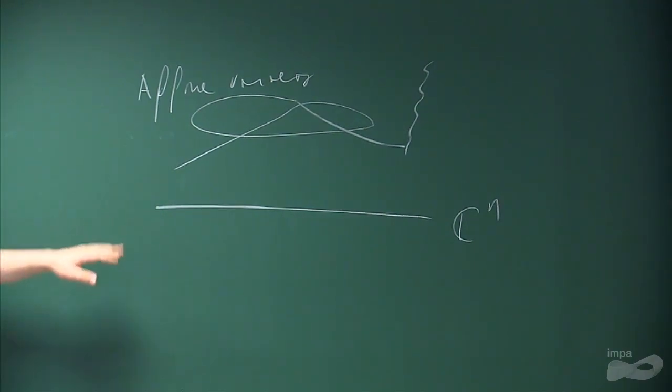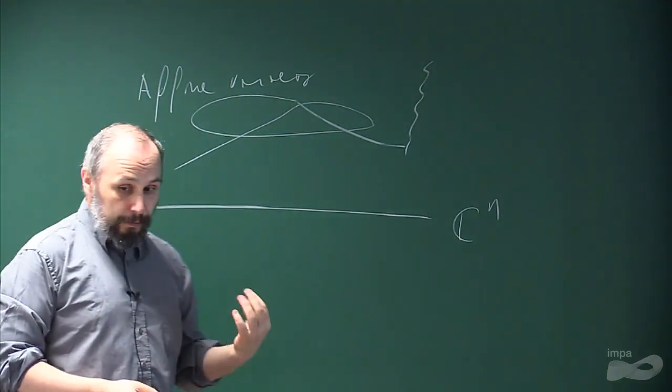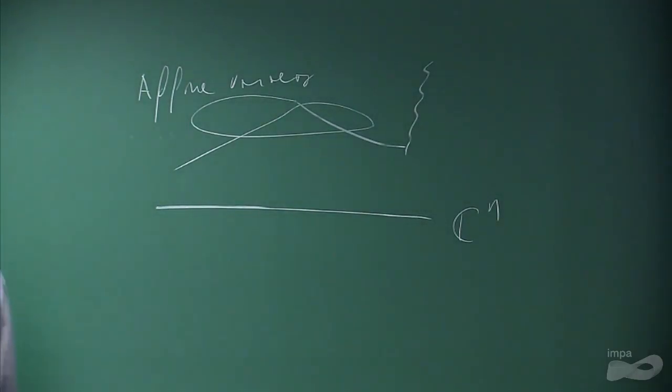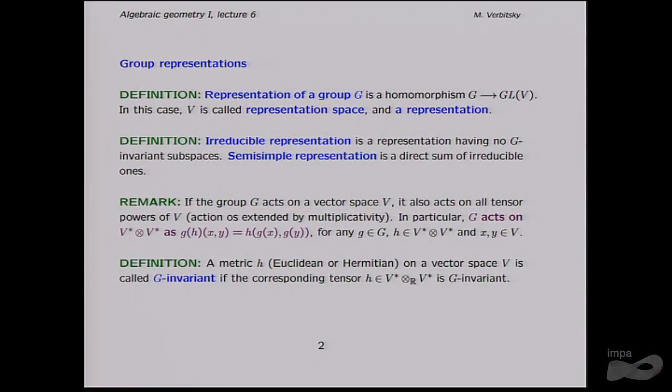You can do it without Noether lemma. Also, if you want to prove Hilbert Nullstellensatz, and you don't want to use what we did, set theory, you also need Noether lemma. So it's an important result, and it has geometric meaning.